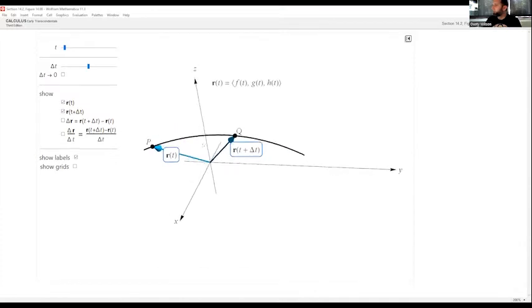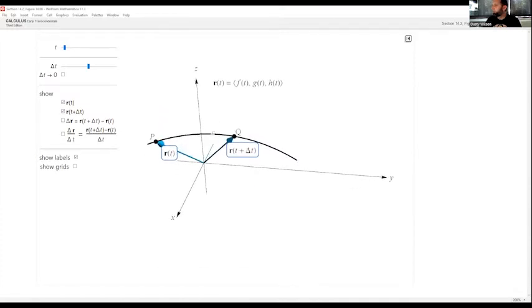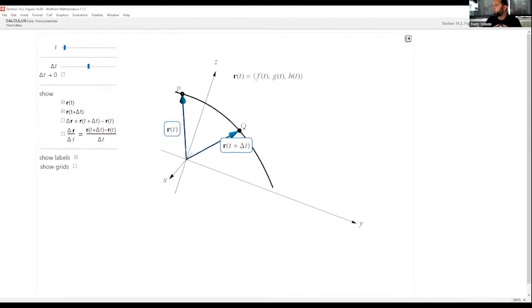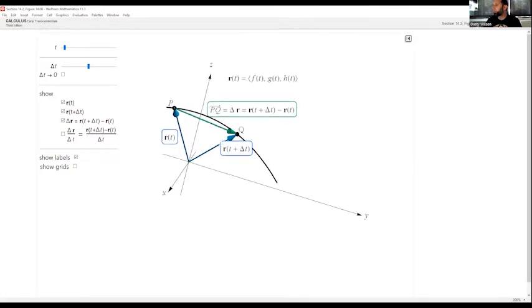So here is our space curve. You can see our points P and Q on the space curve. And r of t is pointing to P, r of t plus h, or r of t plus delta t, is pointing to Q. And in this case, what we want to look at is the secant vector, which goes from P to Q. So this would be the PQ vector, which is r of t plus delta t, or r of t plus h, minus r of t.